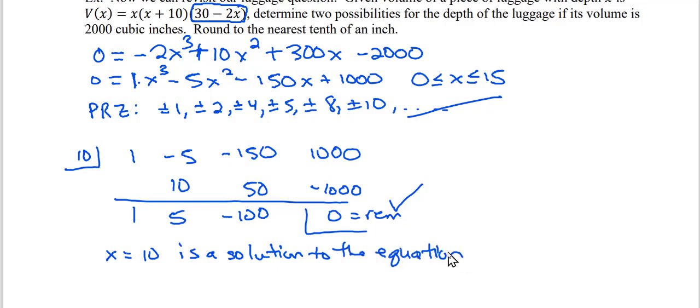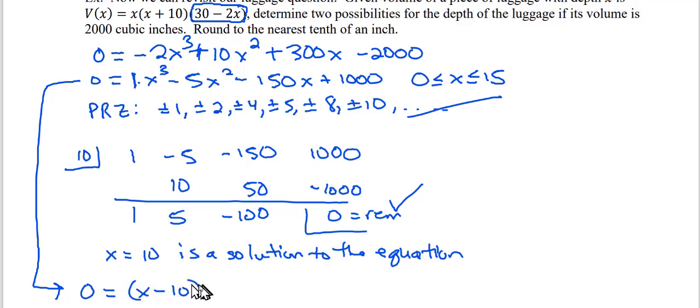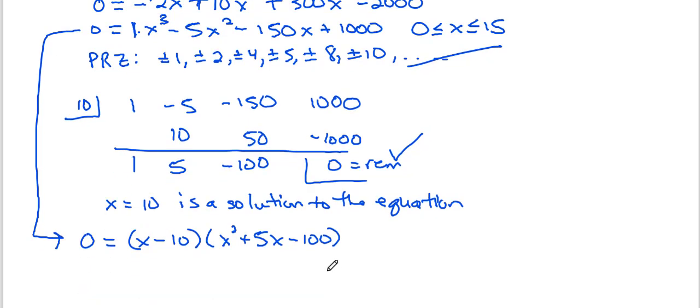It also tells me that I could rewrite this equation as 0 equals x minus 10 times x squared plus 5x minus 100. Which does not factor.